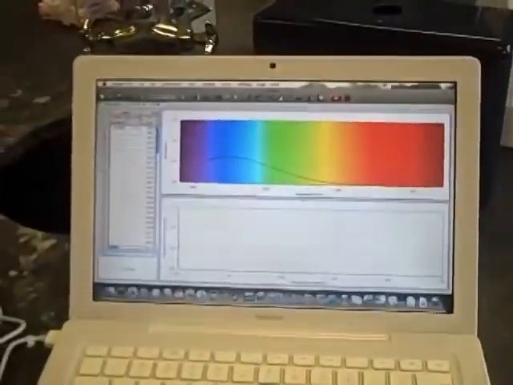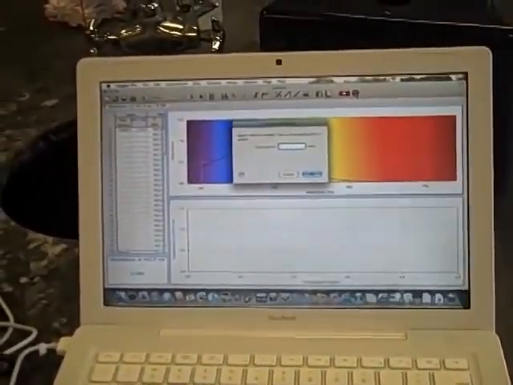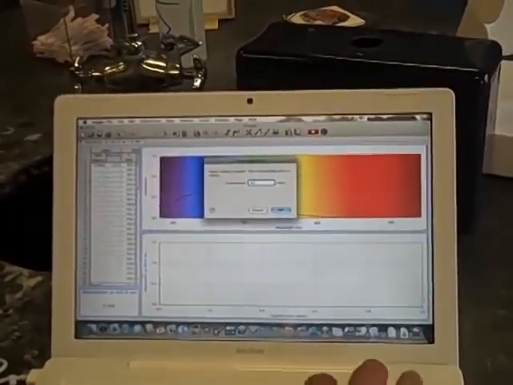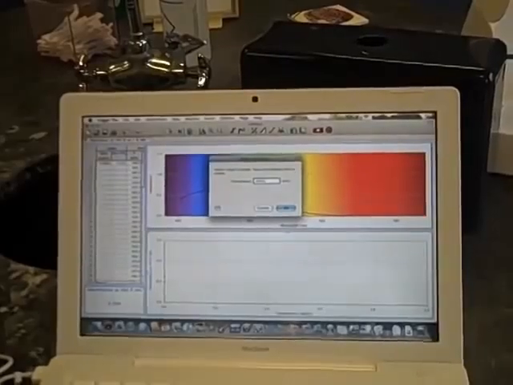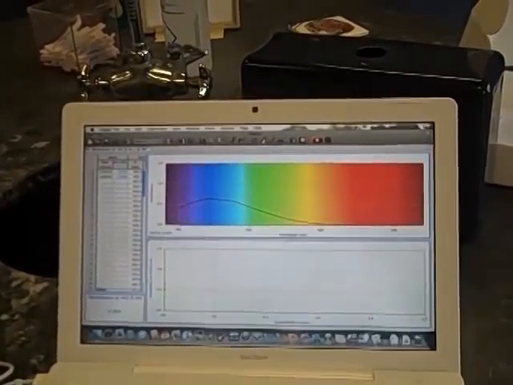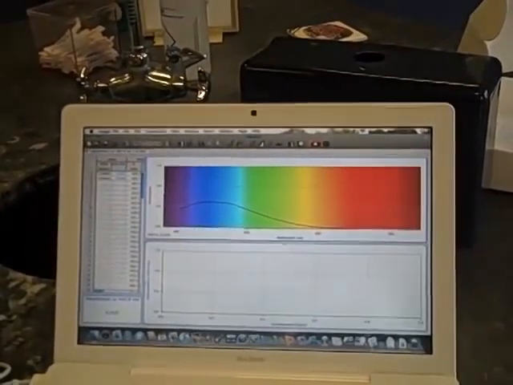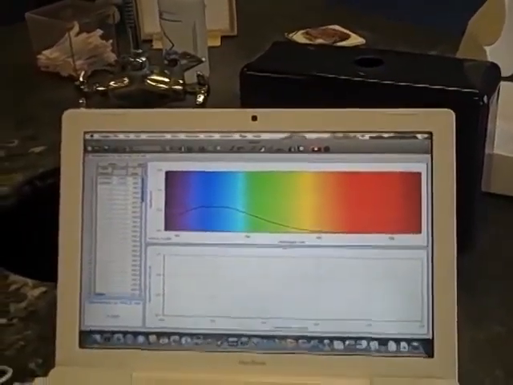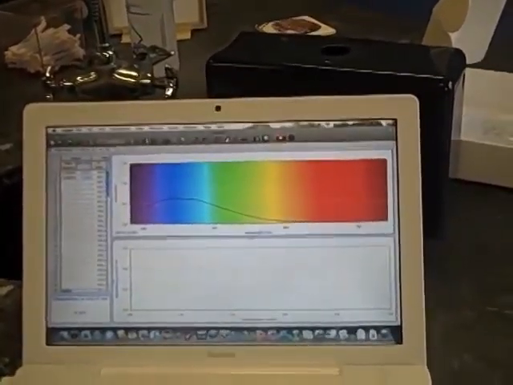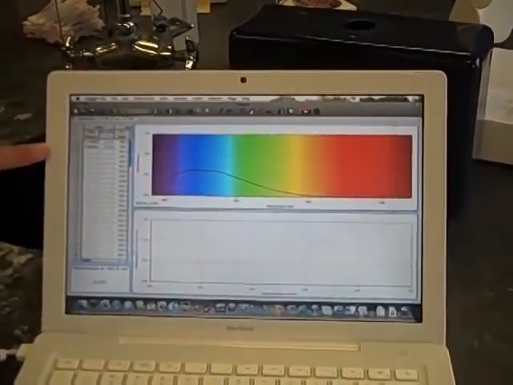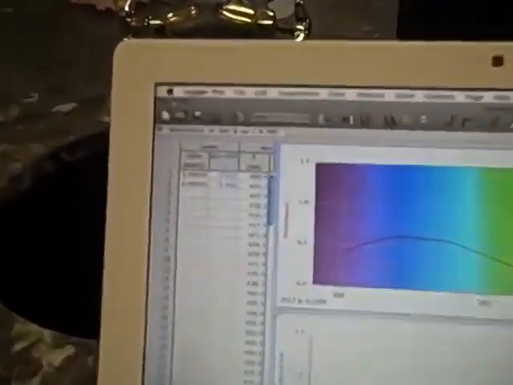So we're going to keep this value. Put in the concentration, which is 0.00016. Press OK. And trade it out again. And every time you press keep and put in the concentration, it makes a list of your absorption values and the concentration and the wavelength.